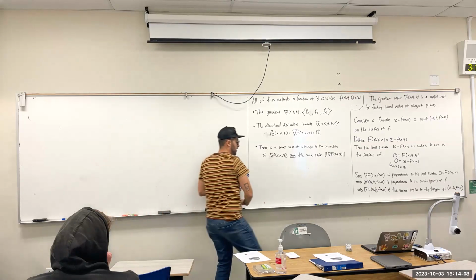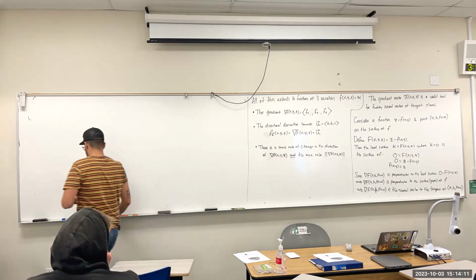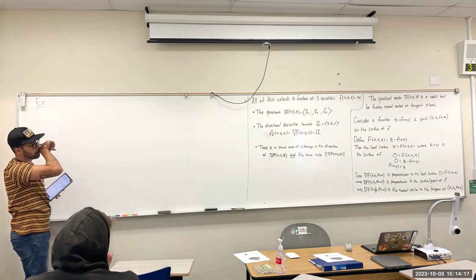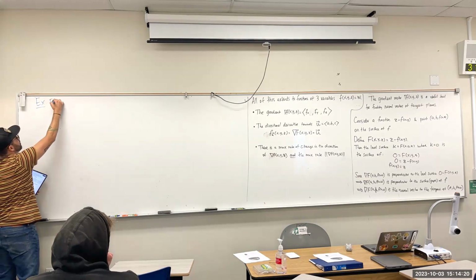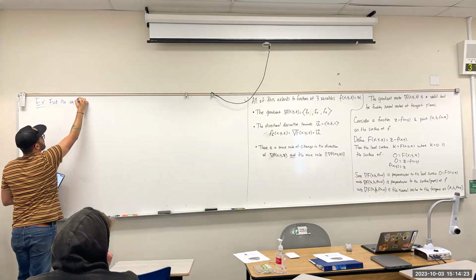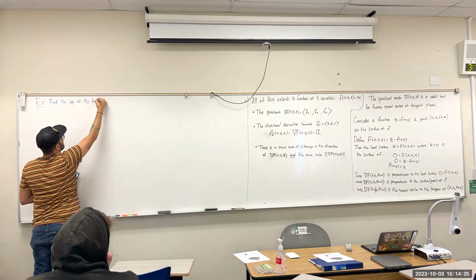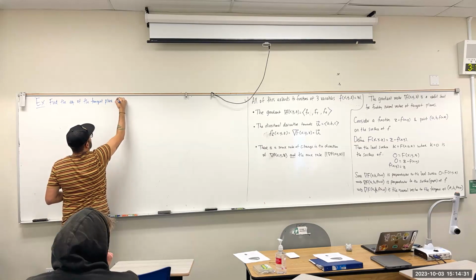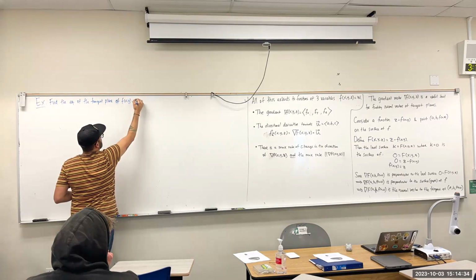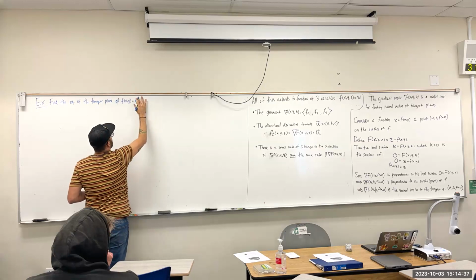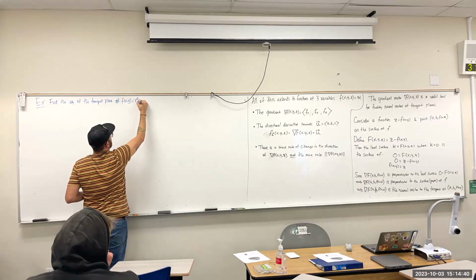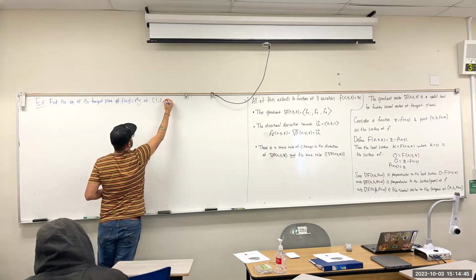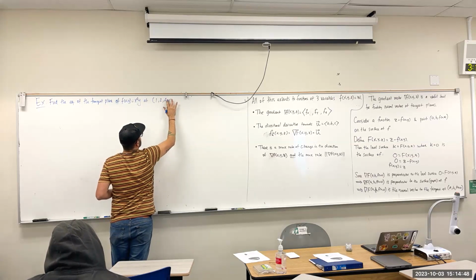So let me end with an example so you guys have one to refer to in your notes. It's a doozy, I know that. But let me give you an example. Let's say we want to find the equation of the tangent plane of, let's say the function is x squared y at the point 1, 2, f of 1, 2.